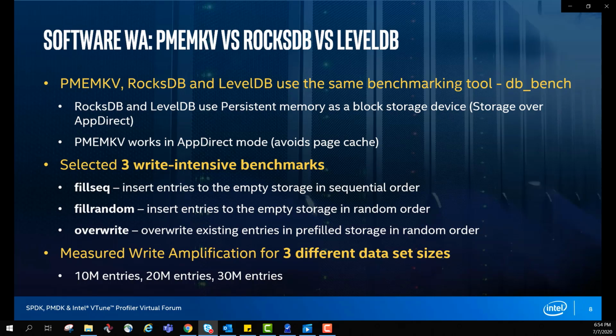While LSM3 is optimized for writes, and actually transforms random access to the key value storage into sequential writes to the storage device, which is good from a performance perspective, from the endurance perspective it's not very friendly. Compaction actually causes software write amplification.